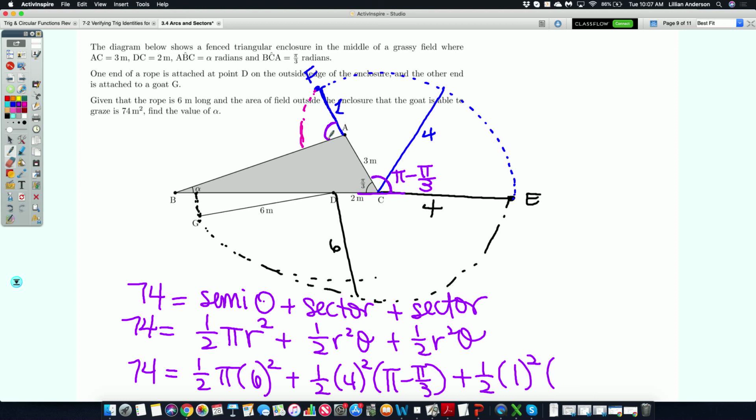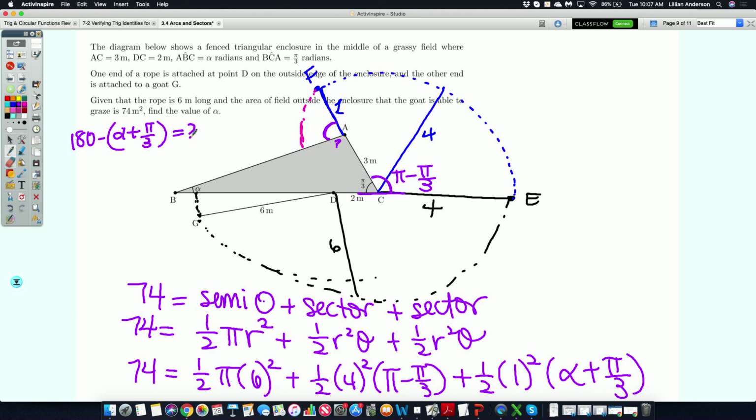If you're wondering what theta is, first off, I don't know what this angle is. But I do know that when I add alpha and pi over 3 and subtract it from 180, I get this angle. But this angle on the outside is the angle I want, and that is alpha plus pi over 3. Because if you do 180 minus alpha plus pi over 3, you'll get the question mark angle.